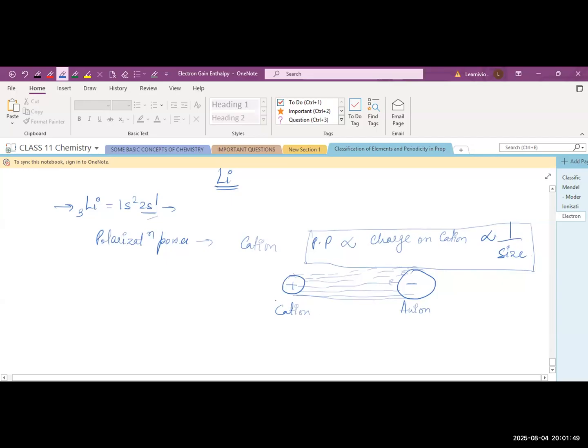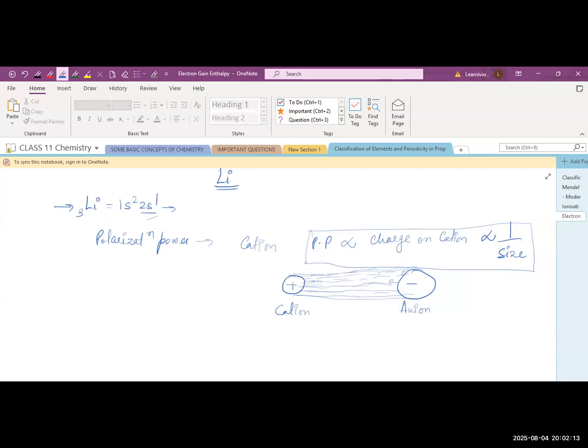So what will happen if the cation tries to approach the anion? The positive charge of the cation attracts the negative cloud of the anion. So this attraction can distort, or distort means deform कर सकता है.